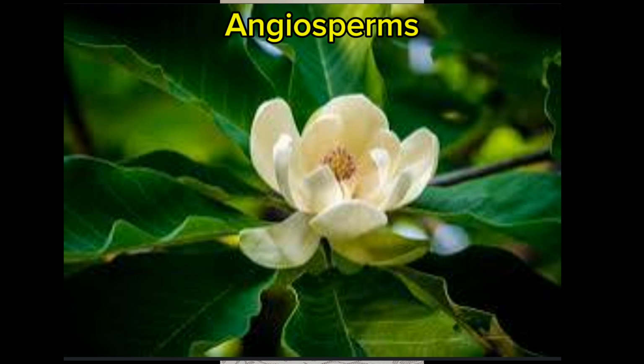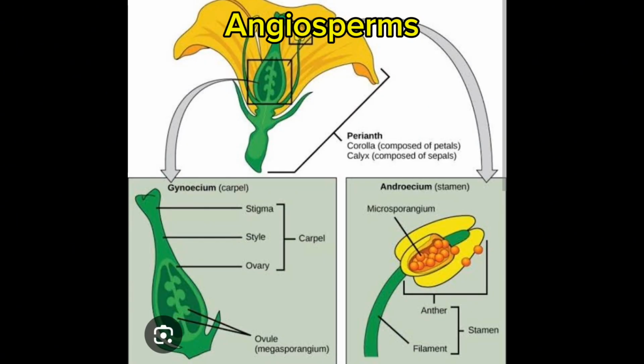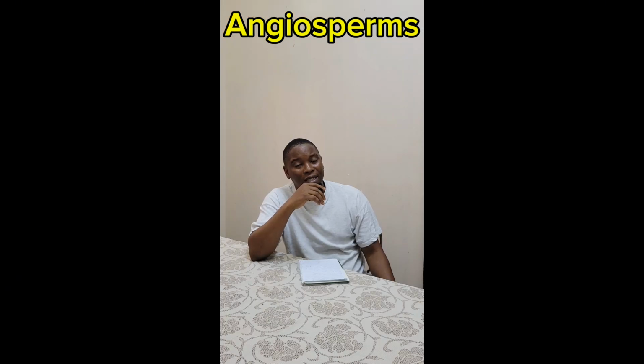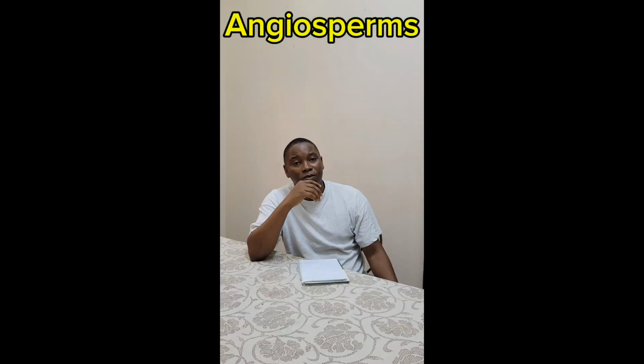And then we have 416 families of organisms, all within the angiosperms. And we have 13,000 known genera or genus, and as much as 300,000 species of different plants that come together and are all under the group that we refer to as the angiosperms. And this makes the angiosperms very important.